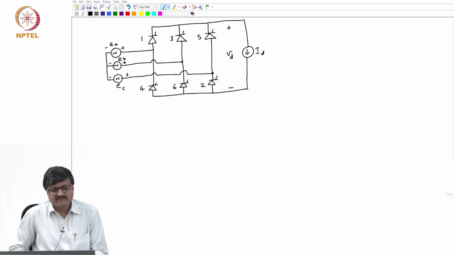Now, for the sake of simplicity, what we will do is we will assume that gate currents are continuously given. So, if gate currents are continuously given, it is as good as thyristors acting as diodes.